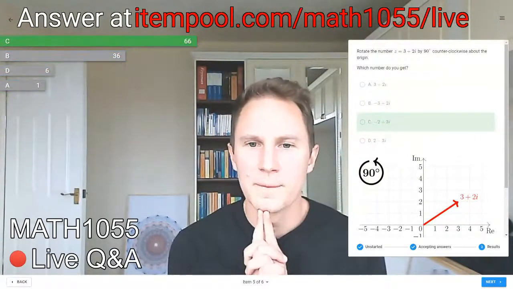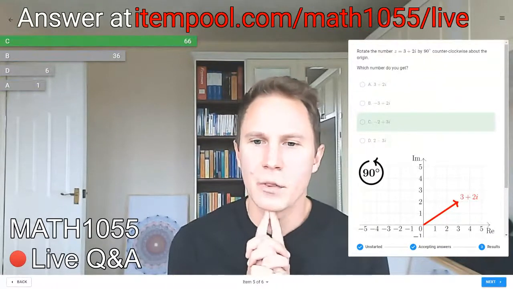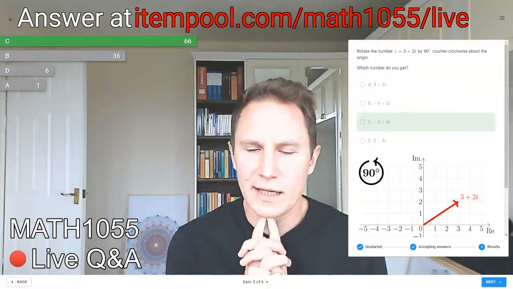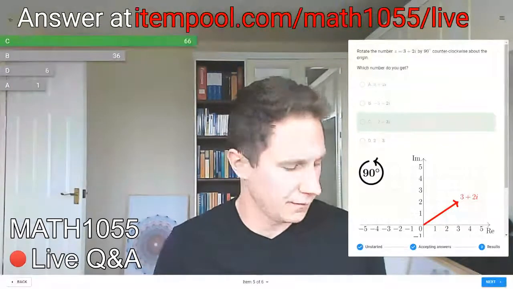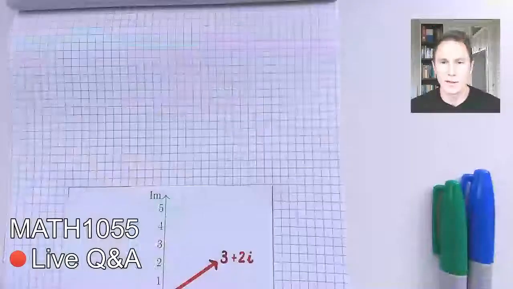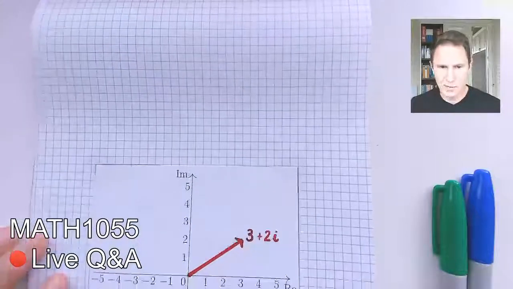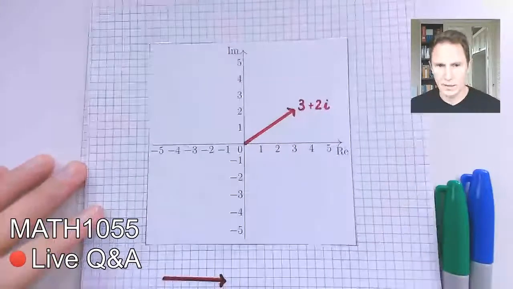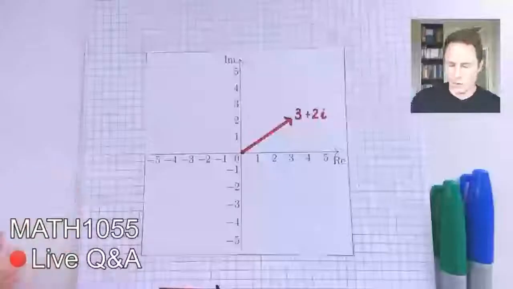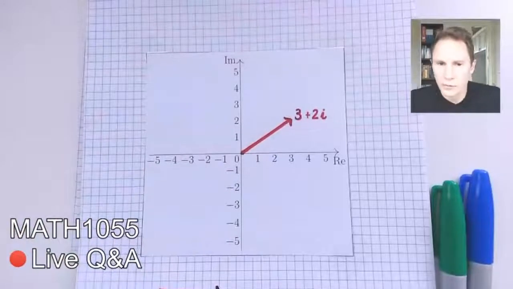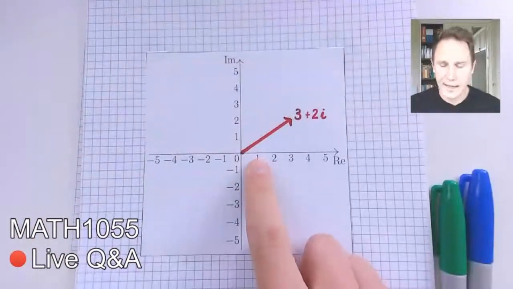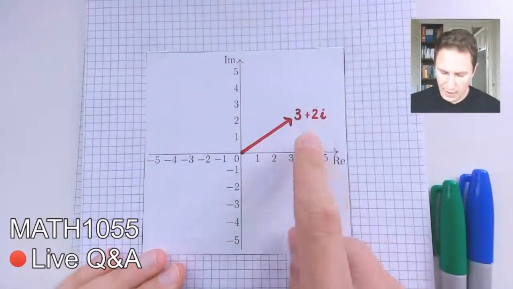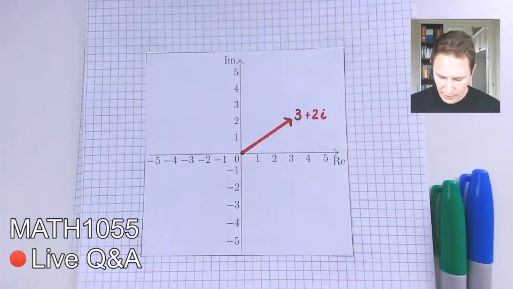So it was C, -2 plus 3i. Okay, so let me try to show you why that's the correct answer. So here is my drawing. It's the same figure, having the complex plane with this number 3 plus 2i represented by that vector.